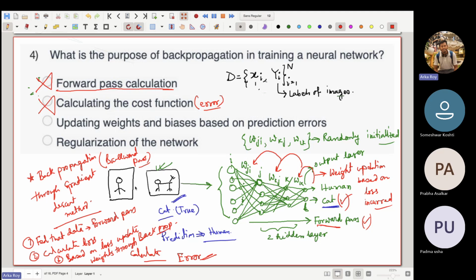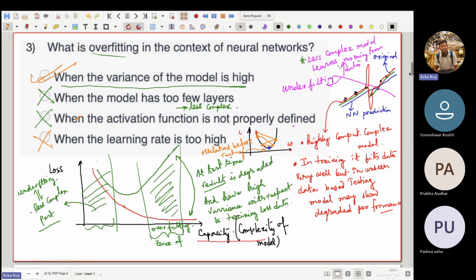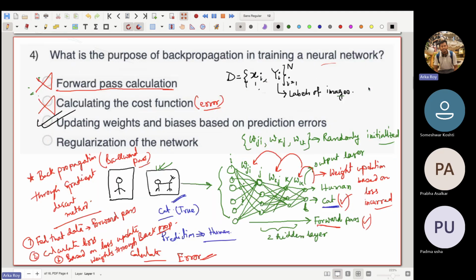Updating weights and biases based on the prediction errors. And regularization of the network. Regularization of the network deals with reducing the overfitting of the model. In the last slide I also told you that when you hit overfitting, the weight values increase rapidly.